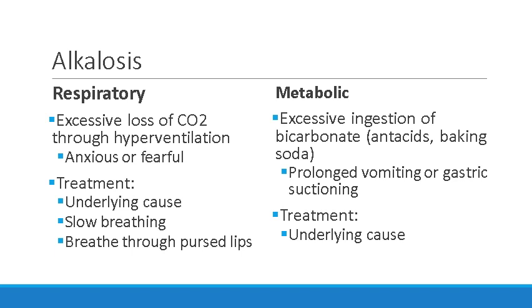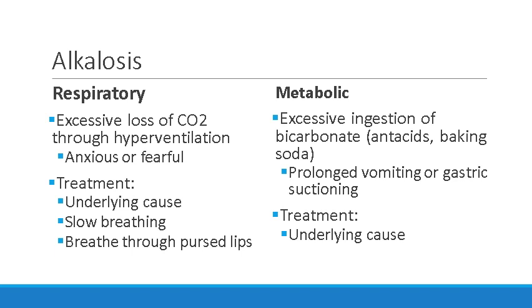Treatment is treating the underlying cause and trying to help these individuals slow their breathing through pursed lips. A female patient in labor could very easily go into respiratory alkalosis. Somebody that just found out some devastating news could go into respiratory alkalosis.